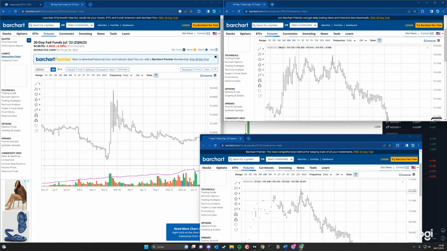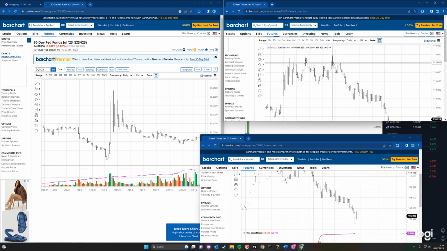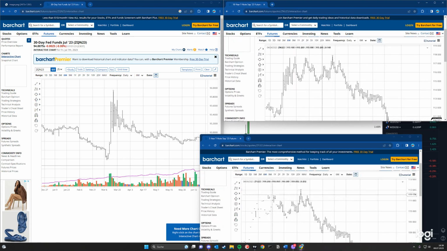We've also had a rally here. This is the 5th, the same day. So we've had a rally above again on the 5 and the 10-year bond market, but not on the 30-year bond market, which is a cracking correlation, just like the SMT divergence, which means there must have been some measure of distribution in this phase.